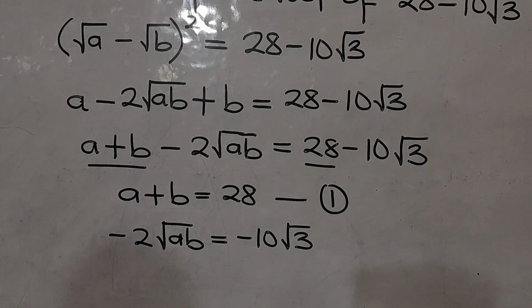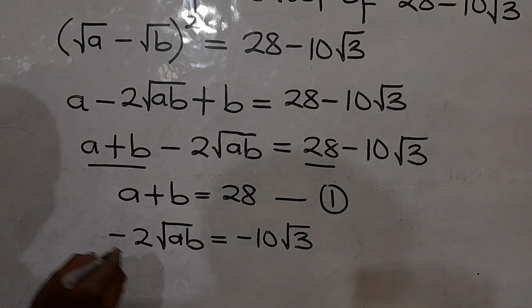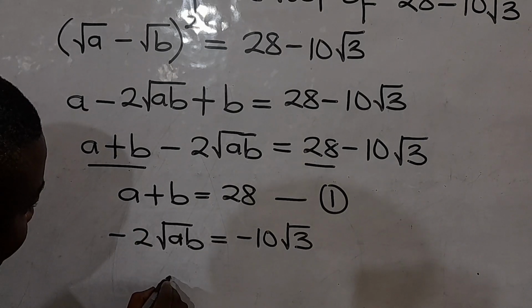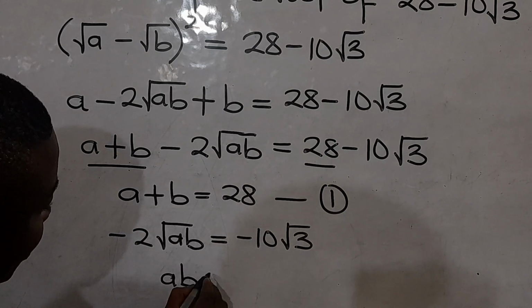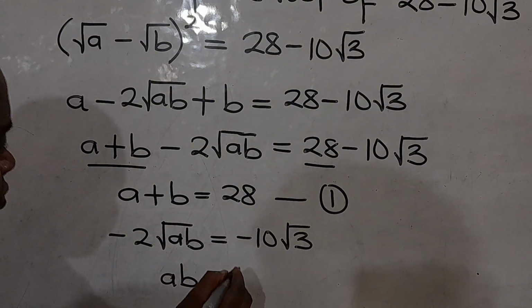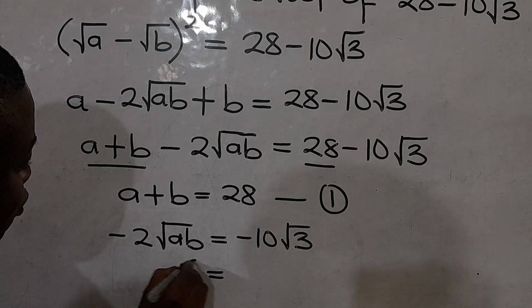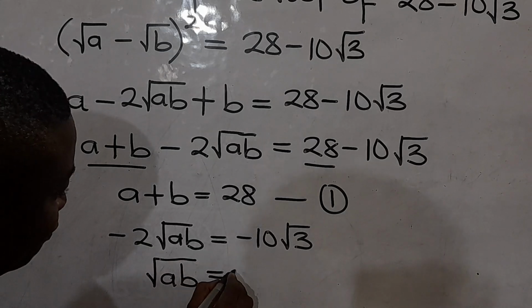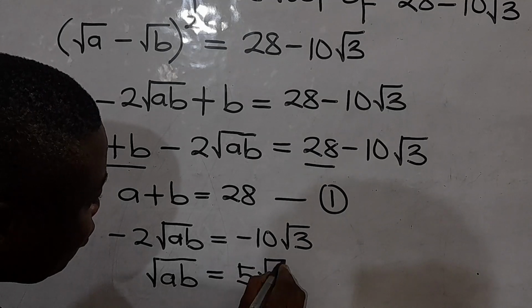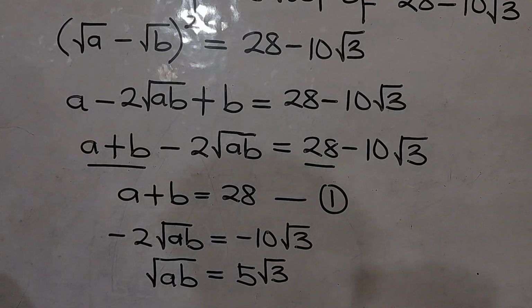If you divide both sides by 2 and remove the bracket, you have root ab, let's put it back so we don't get confused, equal to 5 root 3.